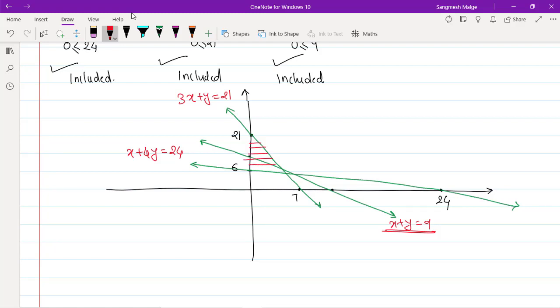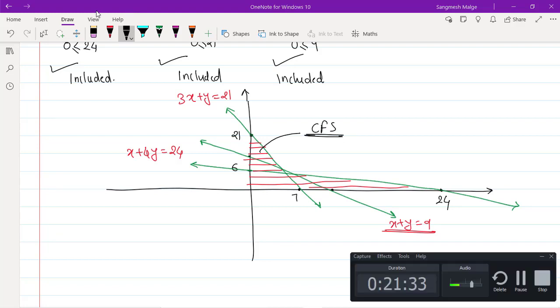So no need to draw the solution set for all. This is the common solution set, because each and every line includes the origin in its respective feasible solution. So this is the common feasible solution. Okay, I hope you are getting this.